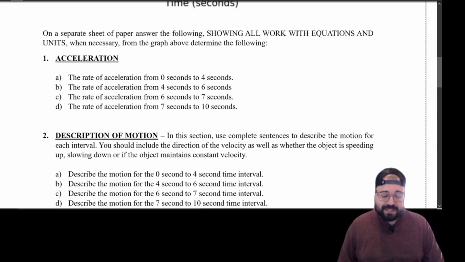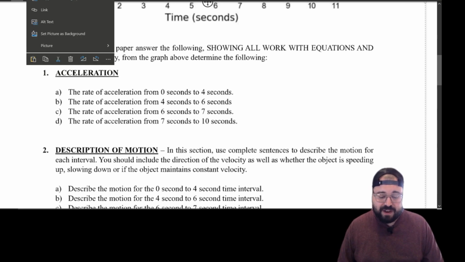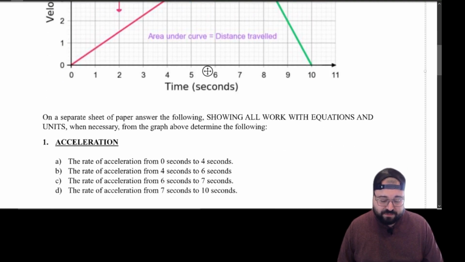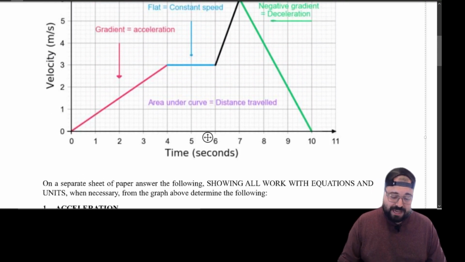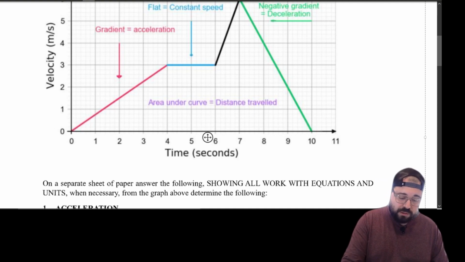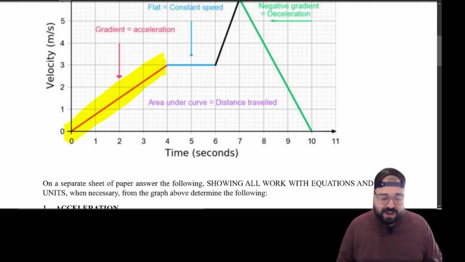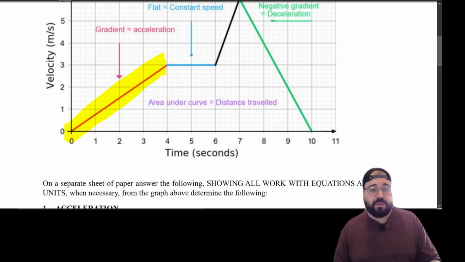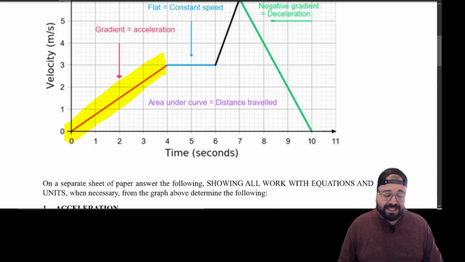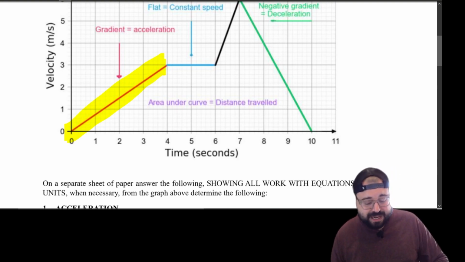So to find acceleration, again, we're going to do that by finding the slope of this graph. So from 0 to 4 seconds, we're looking at this chunk of the graph here. So we need to find the slope of that graph. And the slope is going to be 0.75 meters per second squared.